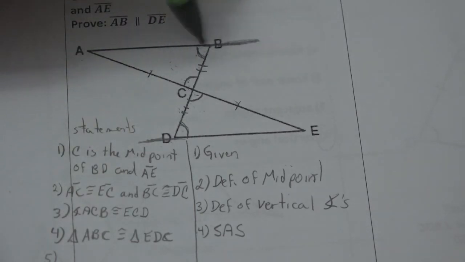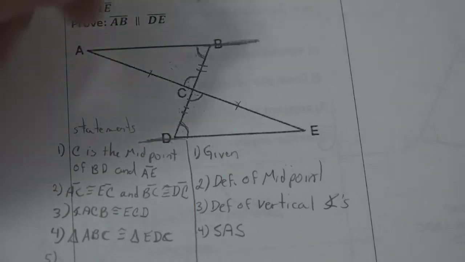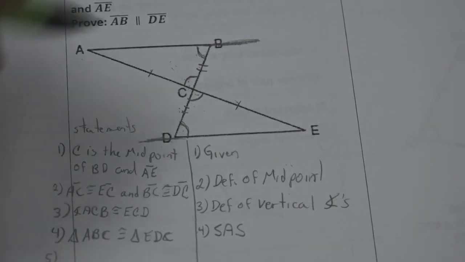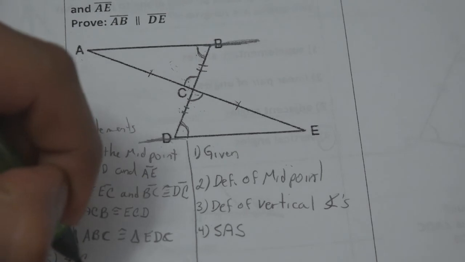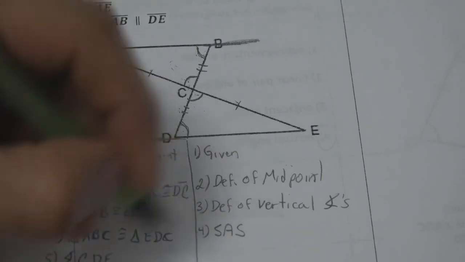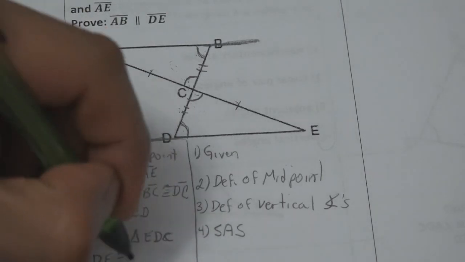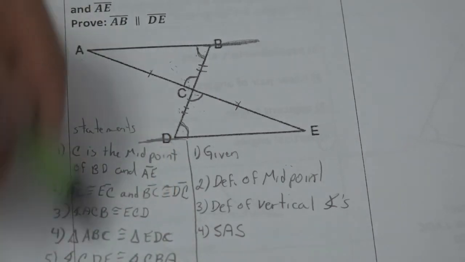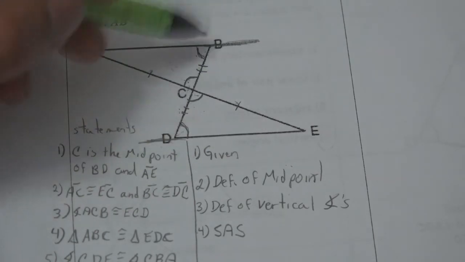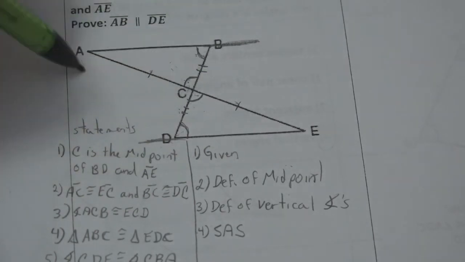So we know that angle CDE is congruent to angle CBA.